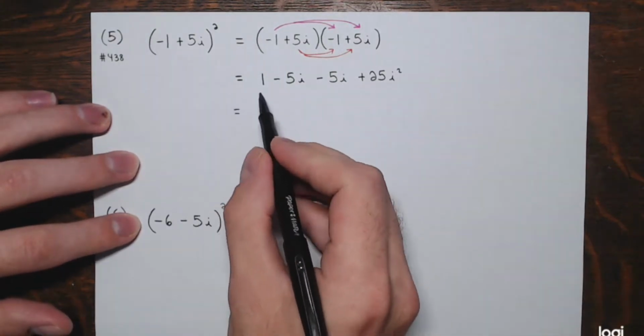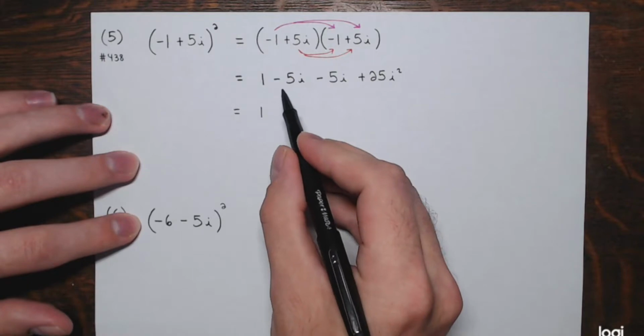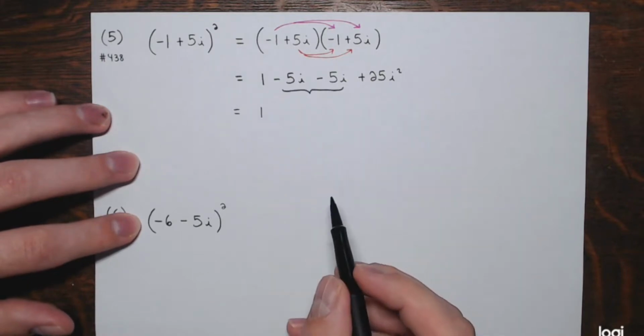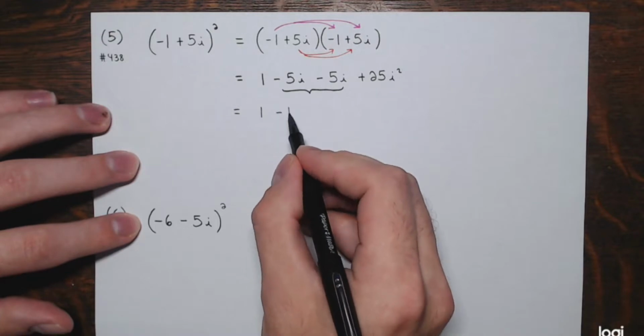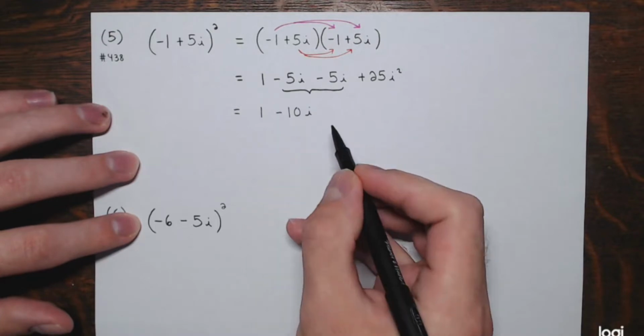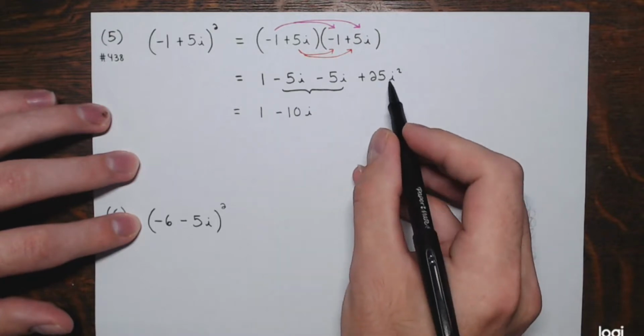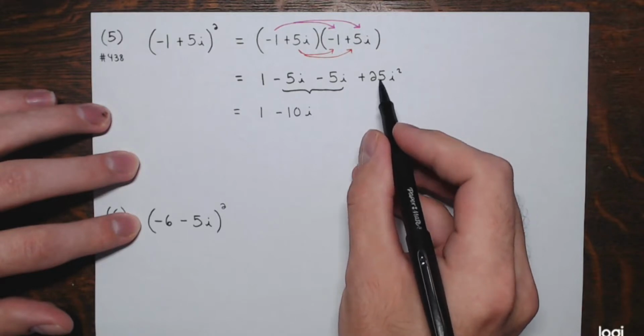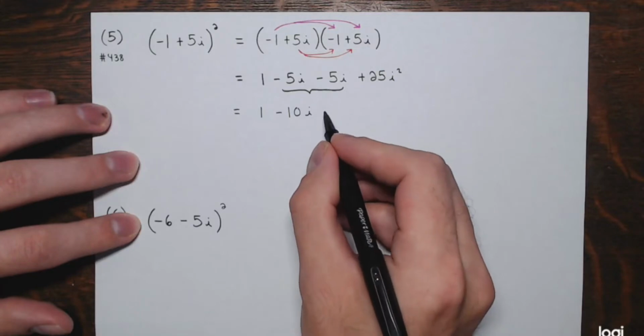Alright, so we have 1, then the negative 5i minus 5i, those go together to make negative 10i. And then plus 25 times i squared. Remember, i squared is negative 1. 25 times negative 1 is negative 25.